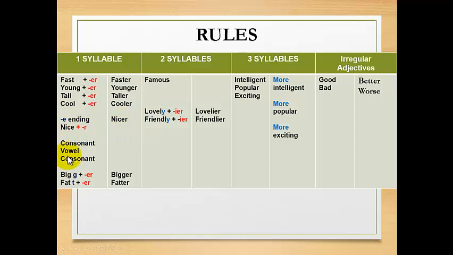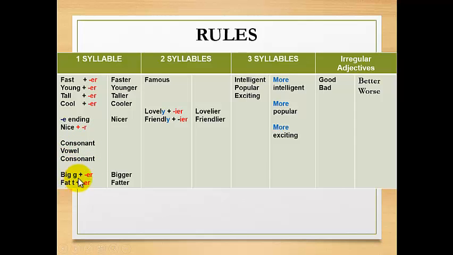And there is another rule. When we have a consonant, vowel, consonant sound, for example, big, we are going to double the consonant and add er. Let's see. B is a consonant, as the rule says. I is a vowel, and G is a consonant. So that's the rule.